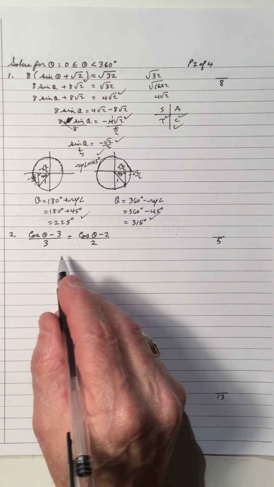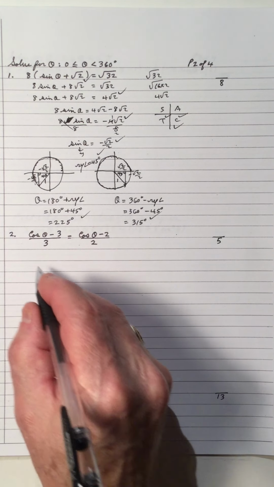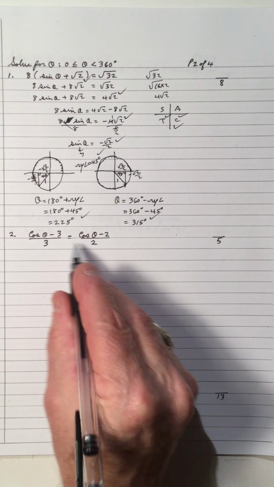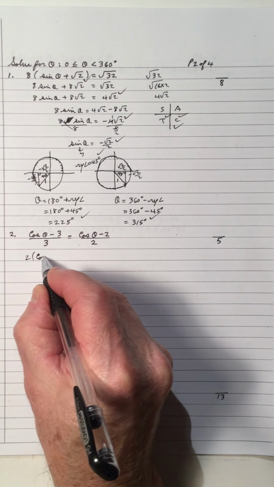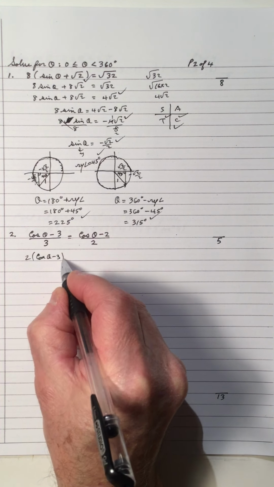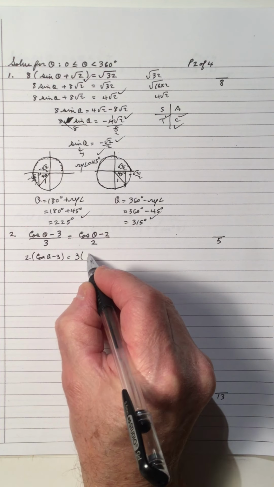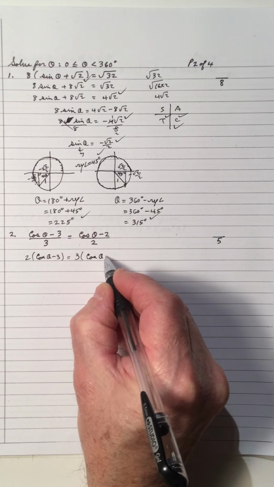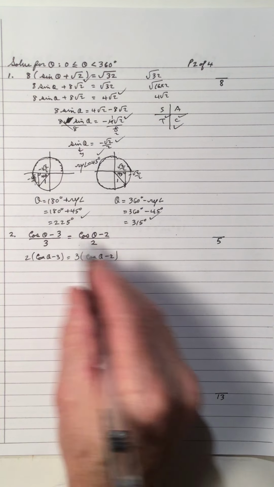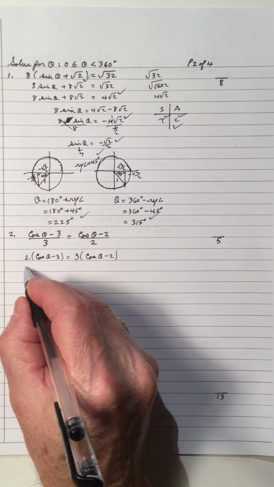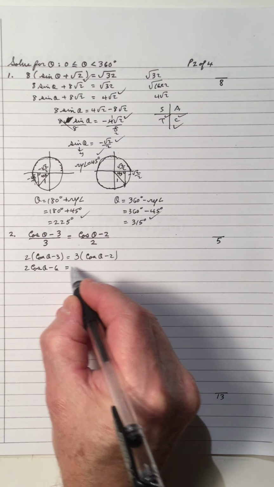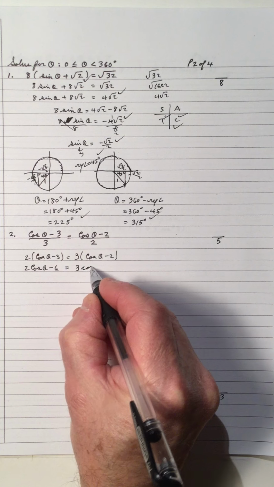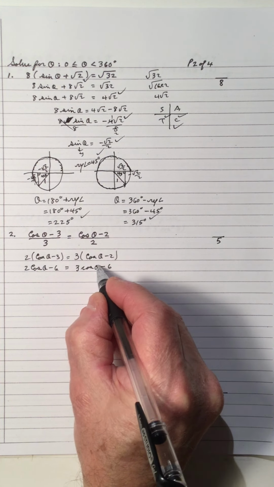Number 2, again, you can pause the video and work this out before I do. Because we have 2 fractions equal, we cross multiply. So 2 times cos theta minus 3 equals 3 times cos theta minus 2. That's cross multiplying. So we multiply by 2: 2 cos theta minus 6 equals 3 cos theta minus 6.